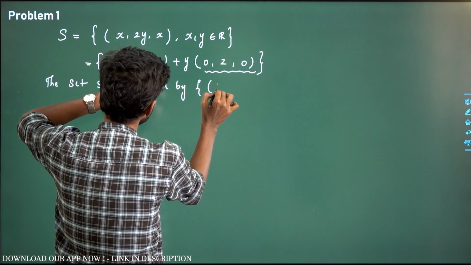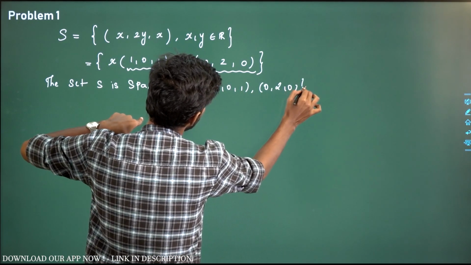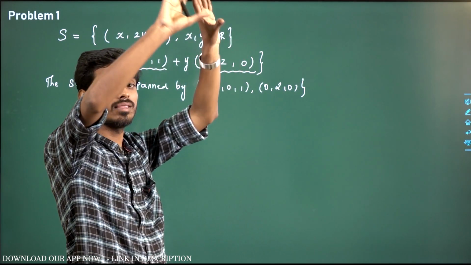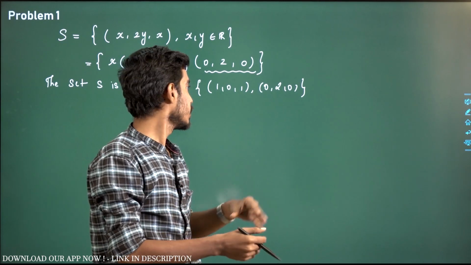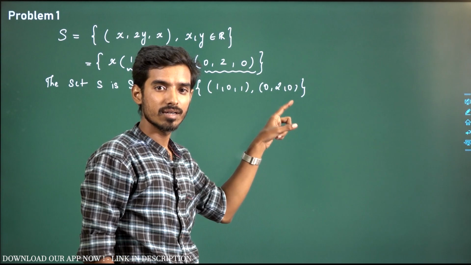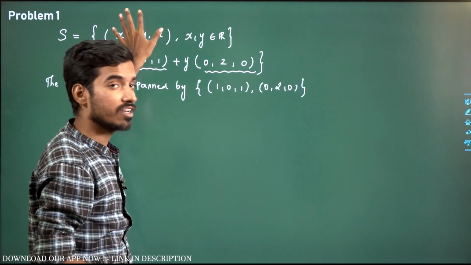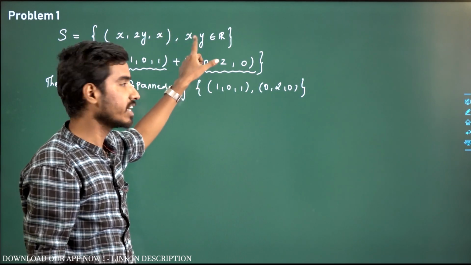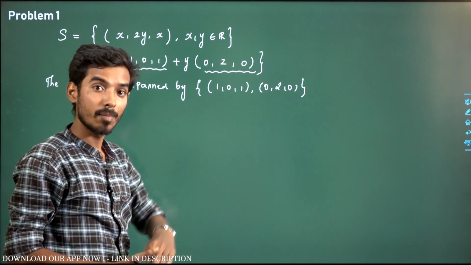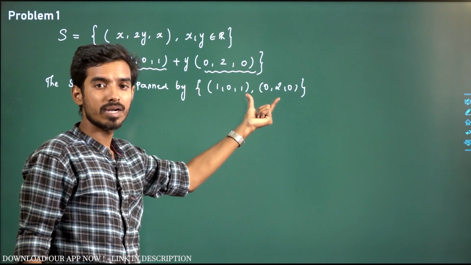The set S is spanned by these two elements, (1, 0, 1) and (0, 2, 0). That is, with these two elements I can bring out all the elements of S. If I make a linear combination of these two elements, I can get the whole set S, even though this set is infinite. Why? Because x, y are real numbers, so there are many elements in S, but I can obtain all of them with the help of these two elements alone.